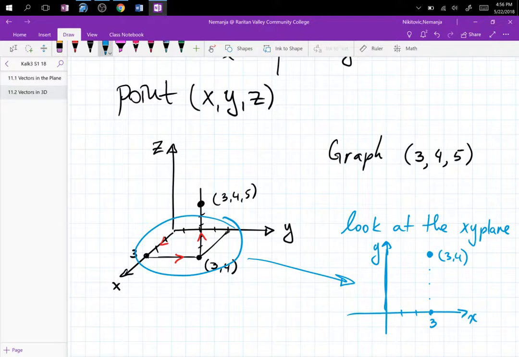Because when we work with three-dimensional functions, your domain is no longer going to be on the x-axis from negative infinity to positive infinity. Your domain is going to have all kinds of weird shapes as regions on the xy plane.